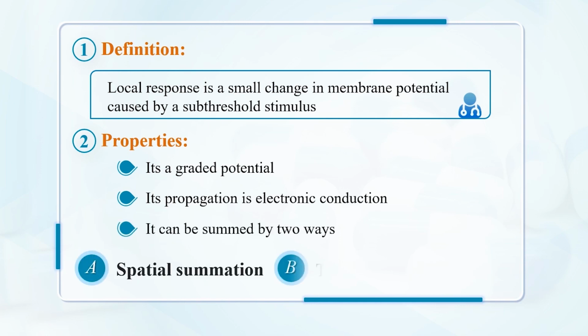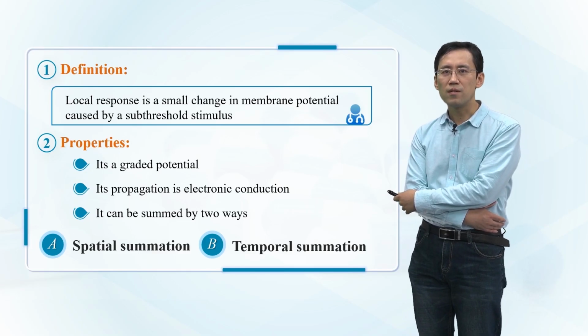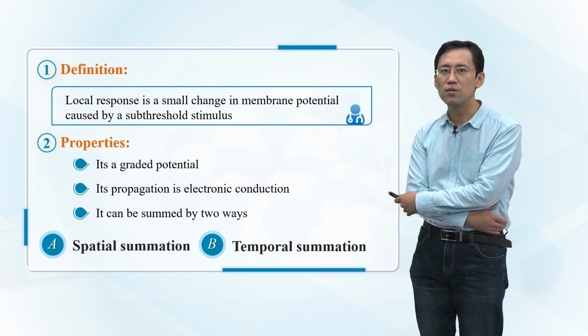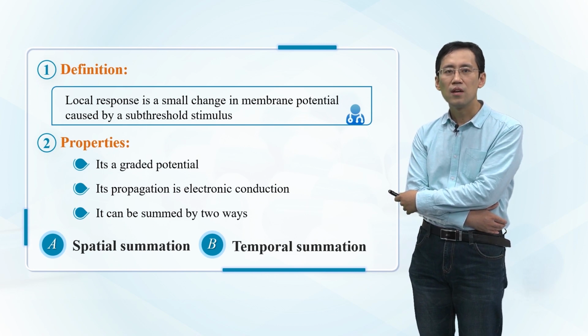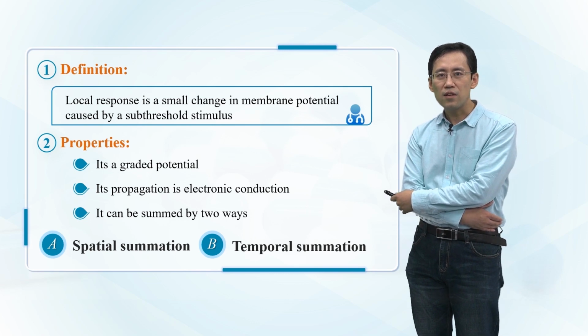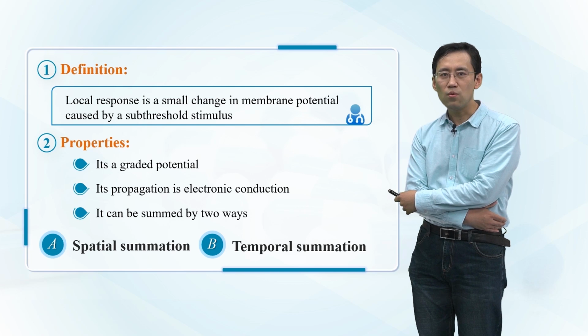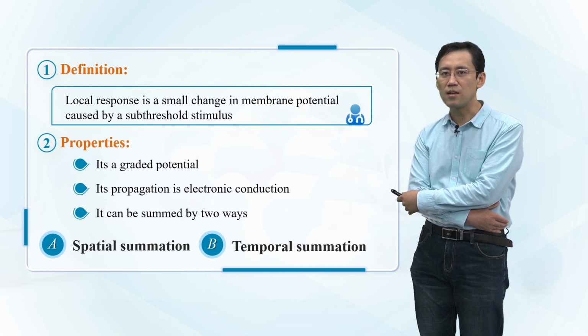Let's see the definition of local potential. It is a local response, a very small change in membrane potential caused by a subthreshold stimulus. It is a graded potential. Its propagation is electrotonic conduction. It can be summed in two ways, spatial summation and temporal summation.